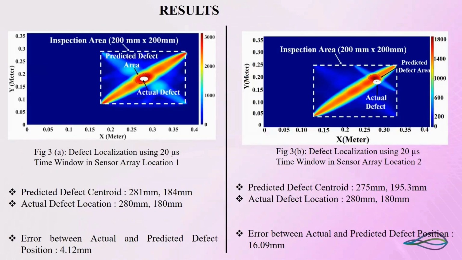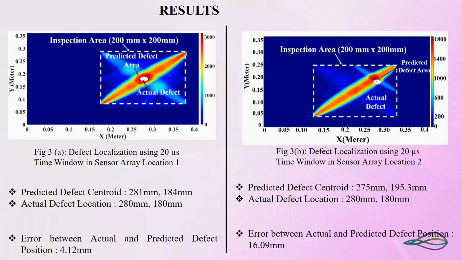So here are the results. In figure 3a, you can see the actual defect is somewhat in the middle, in the center. It is shown in the white circle, and the inspection area is shown using white dotted lines.